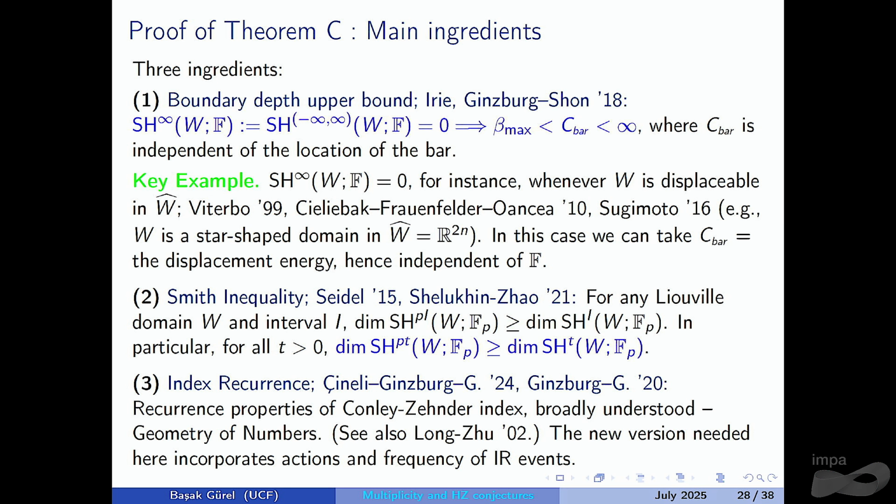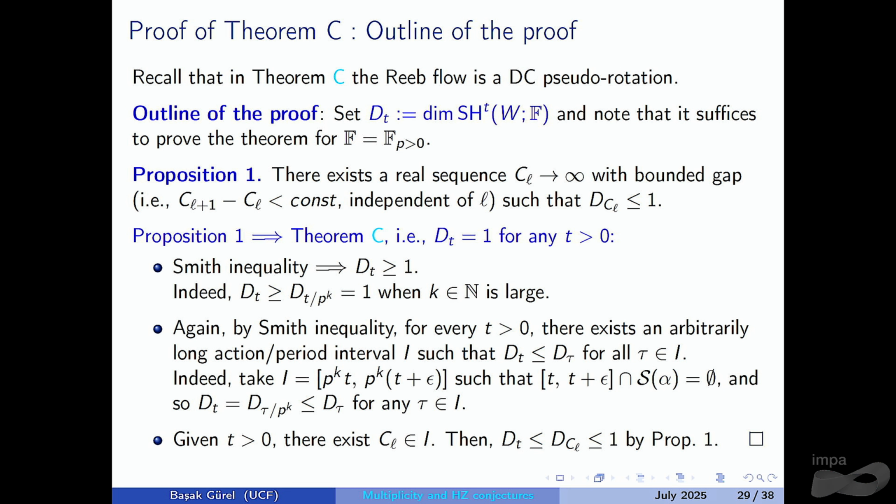It tells us that if you give me arbitrarily long index iterations, the indices will repeat themselves up to some common shift, if you give me finitely many periodic orbits, for example. By now we have more sophisticated versions of the theorem, and the one we proved for this work incorporates actions and the frequency of these index recurrence events. So we have some control over actions, which is needed, and also over how frequently these index recurrence events happen.